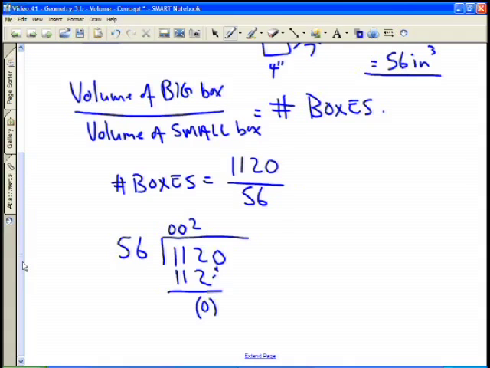So we need to carry down here and add our placeholder up top, and we land up with 20 boxes. So 20 small boxes will fit inside that larger box that we calculated in the first example.